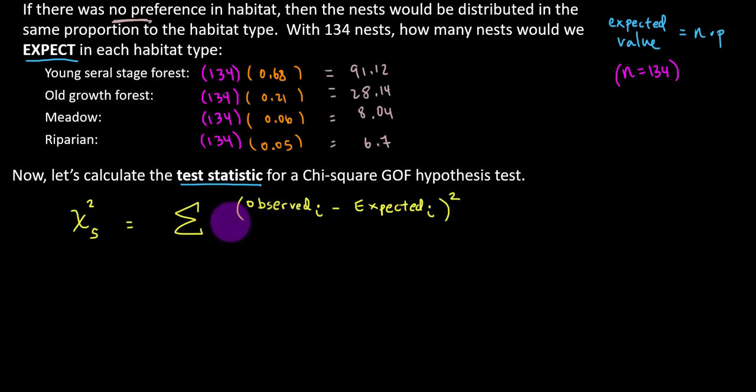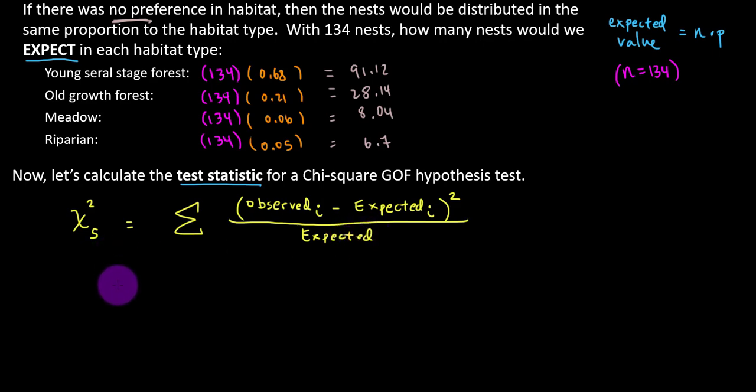Those differences are squared, so there's a direct comparison between what was observed in the data and what was expected under the null hypothesis. And then this is divided by the expected again.